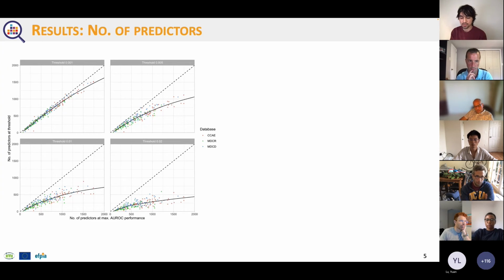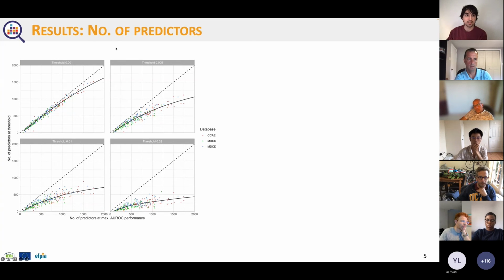What we do in our OHDSI prediction studies is, whenever we publish a paper, we of course disseminate the full model, but we also always try to share a parsimonious model with a reduced number of predictors, simply because it's easier to apply in clinical practice, and it will probably also have more uptake.